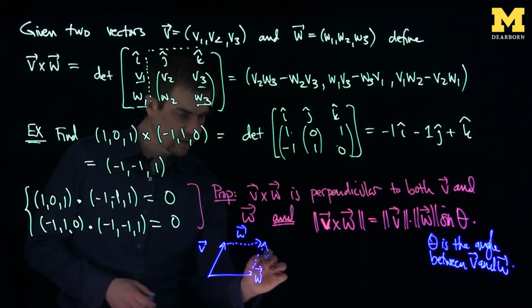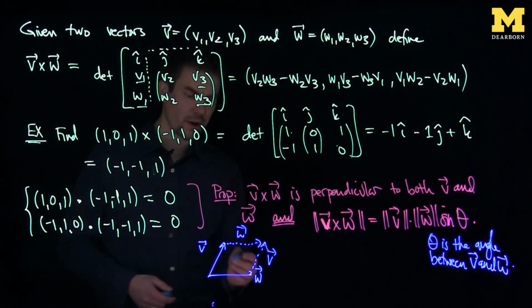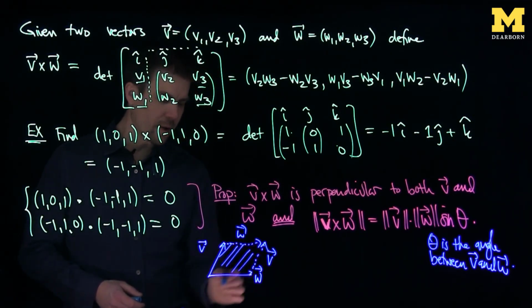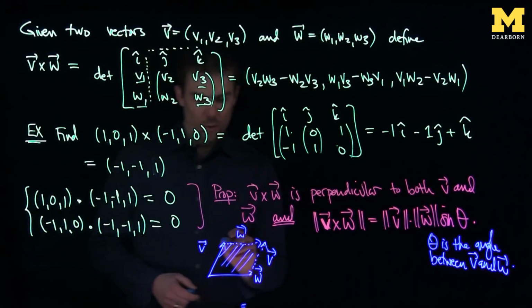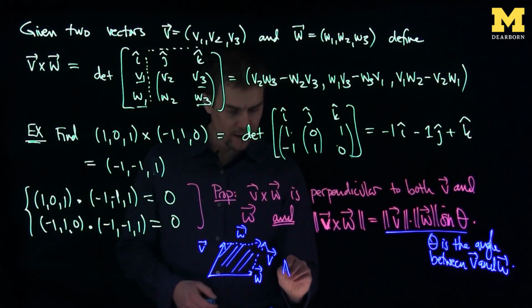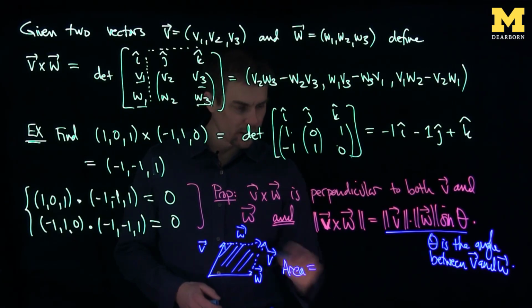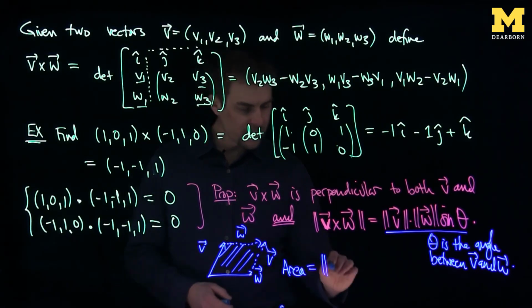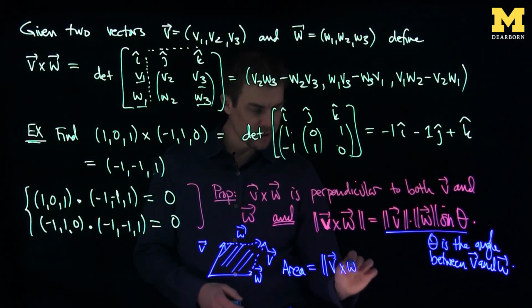In other words, two vectors v and w that are not in the same direction will generate a parallelogram. The area of this parallelogram is the base times the height, which is exactly equal to this quantity. So the area of this parallelogram is exactly the magnitude of the vector v cross w.